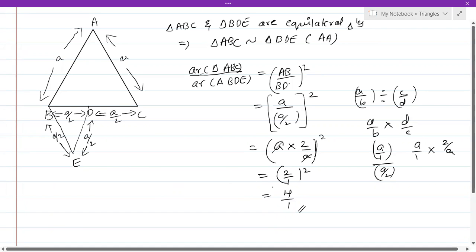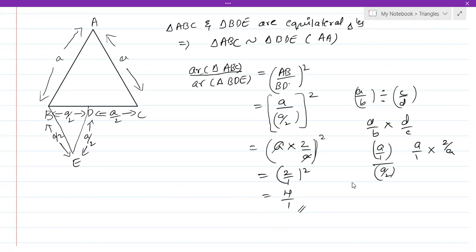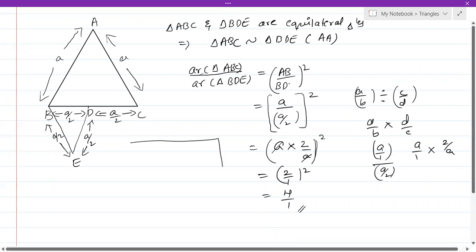Sides of two triangles are given in the ratio 4:9. Areas will be the ratio of squares, right? So it will be (4 by 9) the whole square, which becomes 16 by 81. Therefore, the ratio is 16:81. That will be the correct answer for the last one.